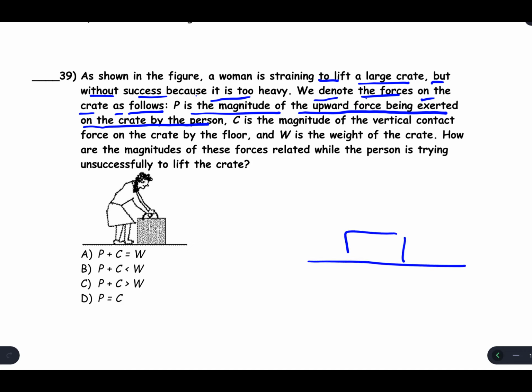So here is B, upward. C is the magnitude of the vertical contact force on the crate by the floor, so it is also upward. This is C. And W is the weight of the crate, W here.